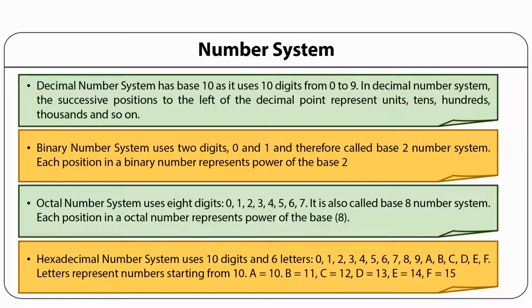From 0 to 9, then followed by A, B, C, D, E, F. Letters represent numbers starting from 10, that is A is equivalent to 10, B is equivalent to 11, C is equivalent to 12, D 13, E represents 14, and F represents 15. That is about the number system.